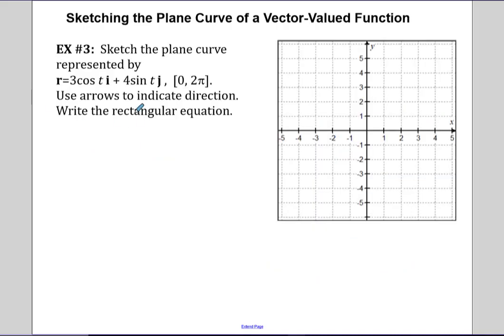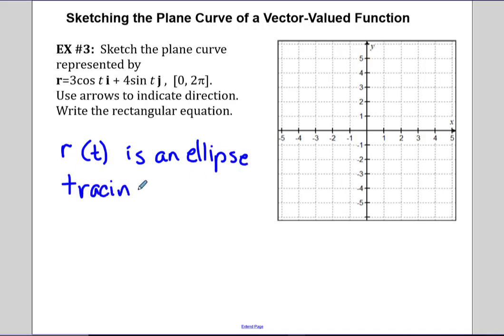In example 3, we want to sketch the plane curve represented by 3 cosine t in the horizontal direction and 4 sine t in the vertical direction from 0 to 2 pi, and we want to use arrows to indicate the direction. So we know that r of t is an ellipse, and it's going to be tracing in a counterclockwise direction.